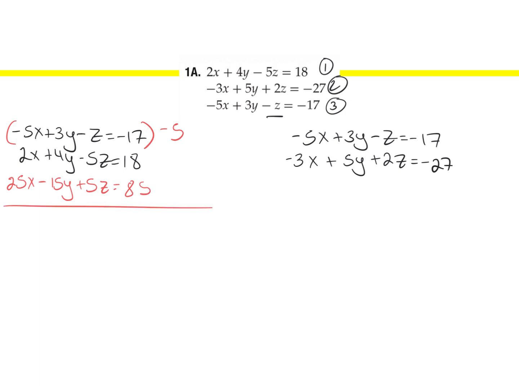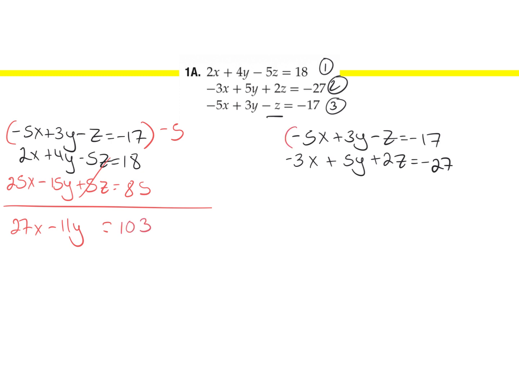And I can go ahead and combine these. So this will be 27x minus 11y. The z's will cancel out, and then we get 85 plus 18 will be 103.